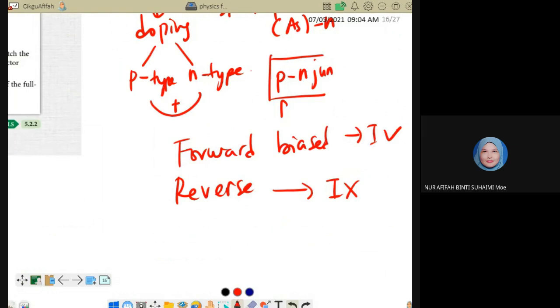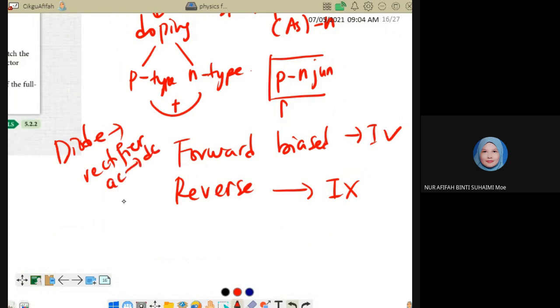And then you learn about full wave and half wave rectification, the use of a diode as a rectifier. What is rectification? A process of converting AC to DC.